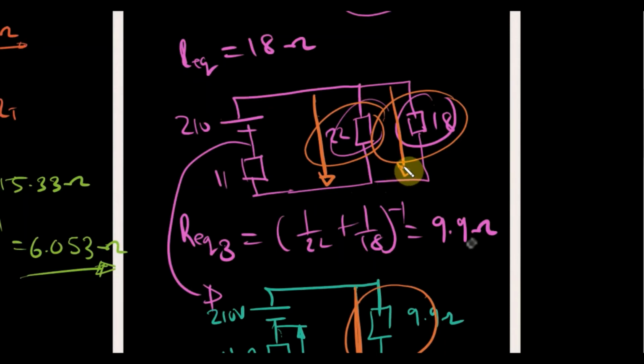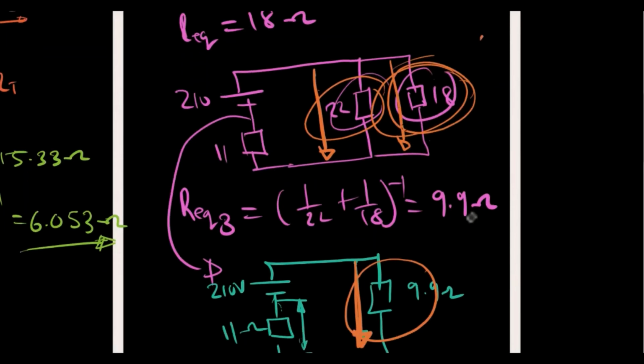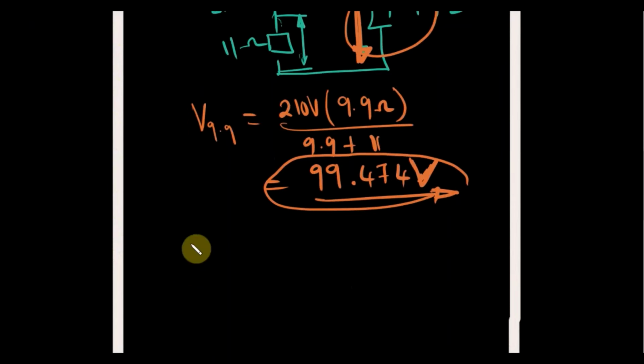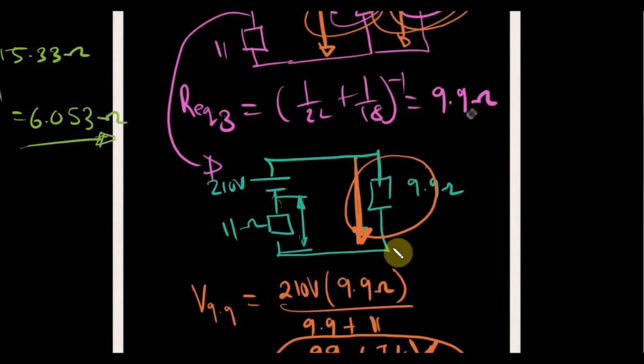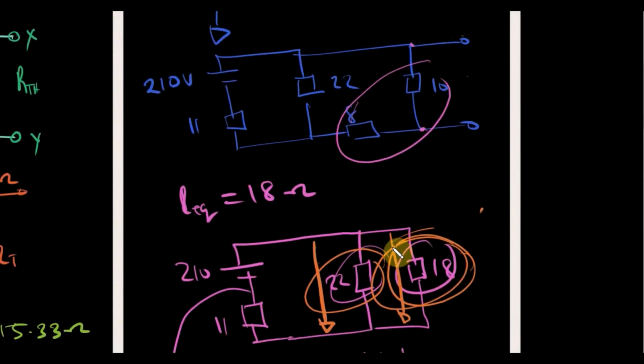So the voltage drop in the 18 ohm resistor is also 99.47. Okay, that's very important. So V18 is also 99.47 volts.